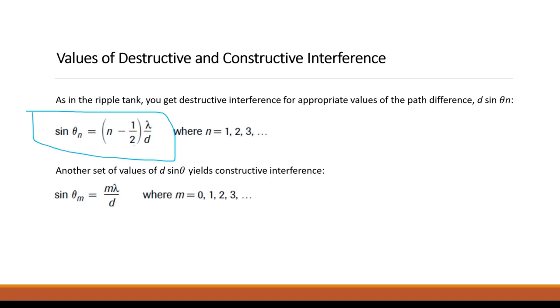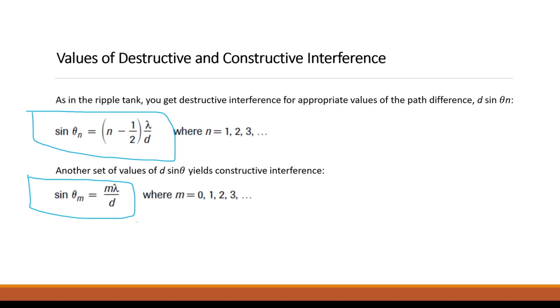And then for the other path difference, we have this formula, sine theta m equals m lambda over d, where m is 0, 1, 2, 3, and on. We do the same thing: we plug in 0, and we know the wavelength and d, and take the sine inverse of this formula, and then we plug in 1 and get a value, and then 2, and we get an angle.